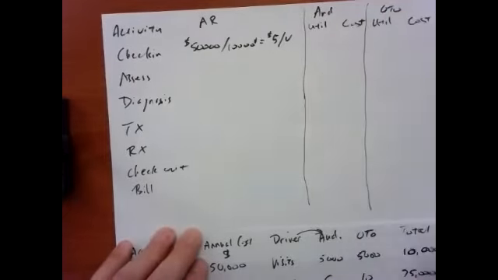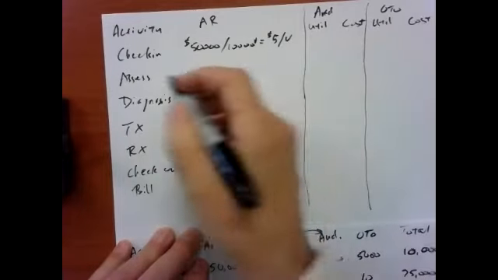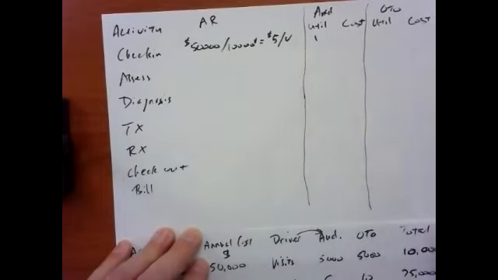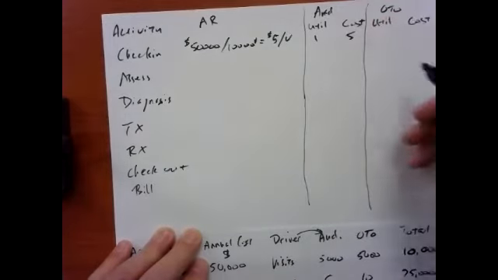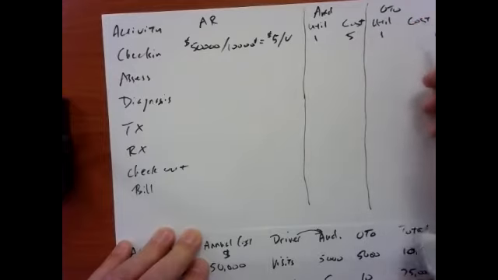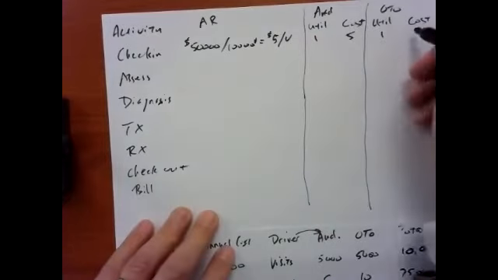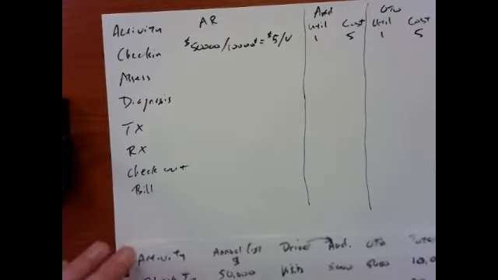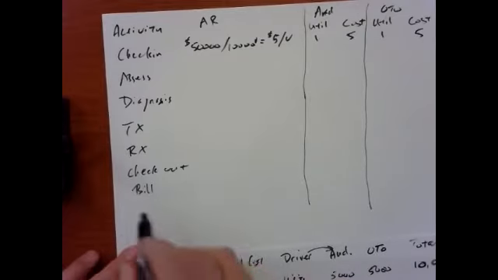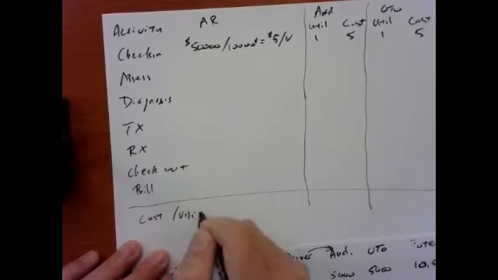So how many check-ins per visit? Well, there's 1. So the cost then would be 1 times 5. How many check-ins per visit for otolaryngology? 1. What's the cost per visit? 5. So you get cost of 5. So what we're going to do is, at the end of this, add up and get a cost per visit.